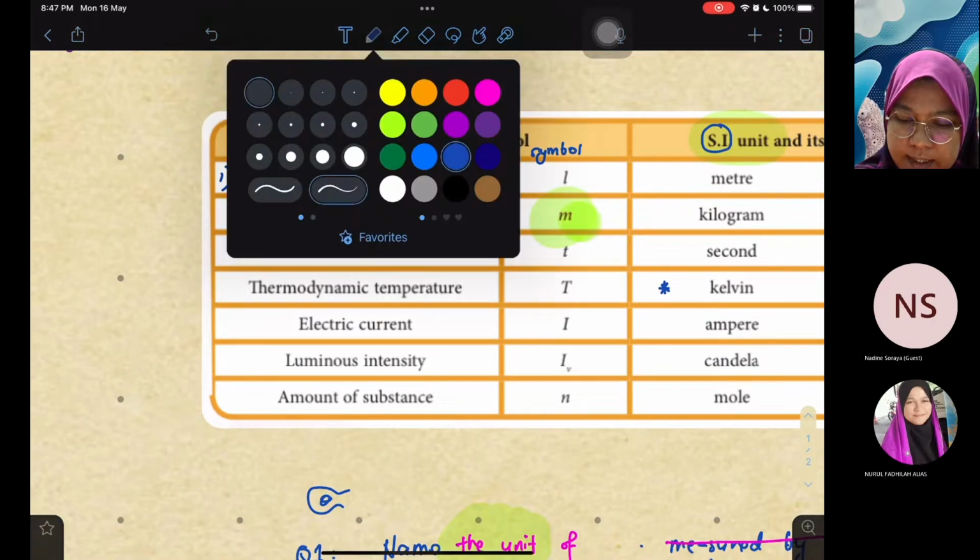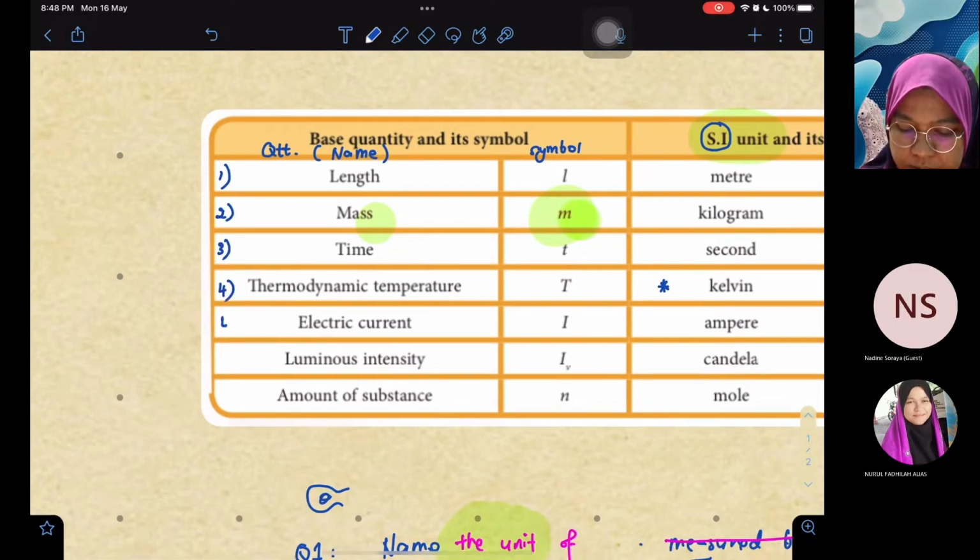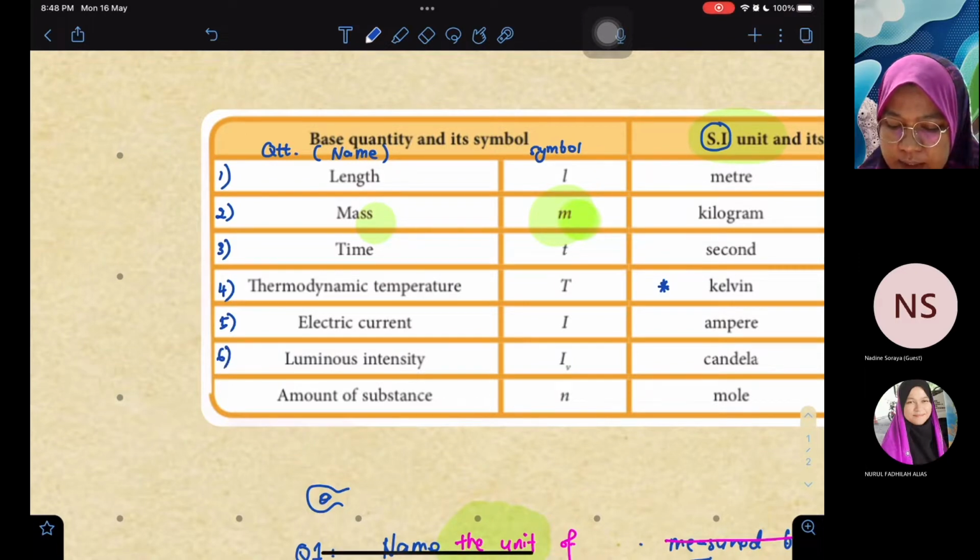Okay, itu sahaja. Jadi how many that you have to remember? Ada 7 sahaja. 1, 2, mass. Number 3 time. Number 4, temperature. Number 5, current. And number 6, intensity. Number 7, the amount of substance. Yang ni kita selalu jumpa dalam chemistry. Okay, so each of these are the symbols. Familiar kan? So L length senang lah.